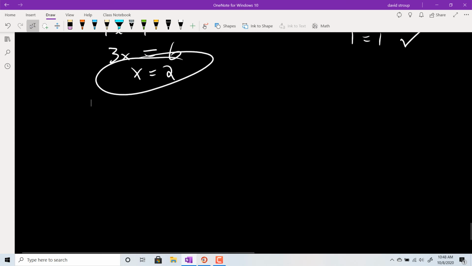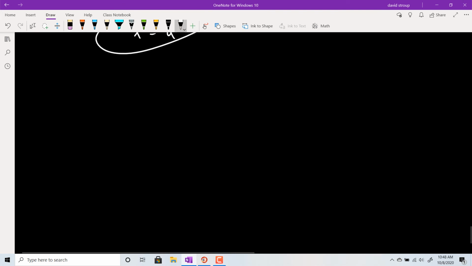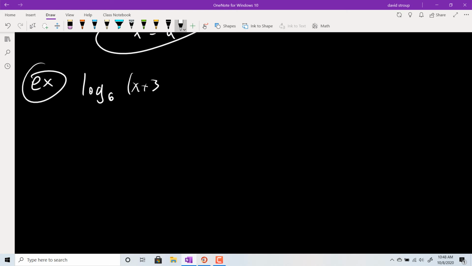Okay, we've not had any issues with answers yet, but in this next example you will see an issue. So let's take a look. This is log base 6 of x plus 3 plus log base 6 of x plus 4, and that equals 1. Okay, so first use the product rule of logarithms.